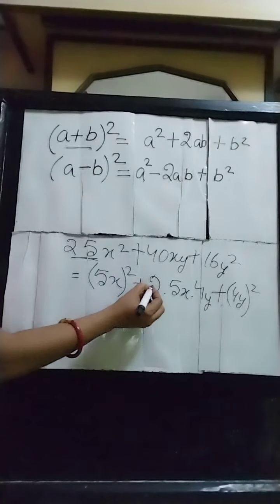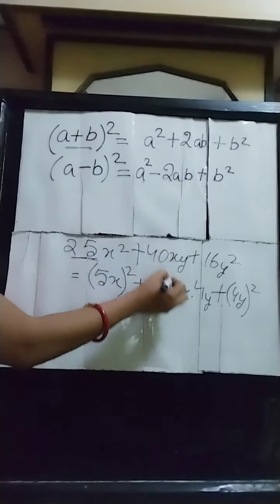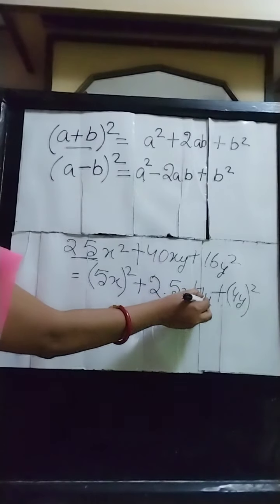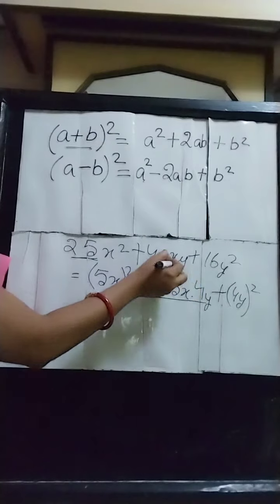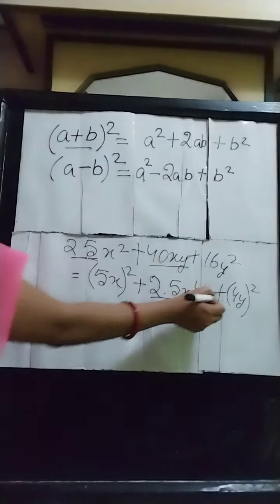Now you can see 2 into 5 into 4 is 40. So with back calculation we are trying to match this middle term. 2 into 5 into 4 is 40, so 40xy is equal to 40xy. We are doing the sum rightly. So from here we can easily understand that the first term is 5x and the second term is 4y.